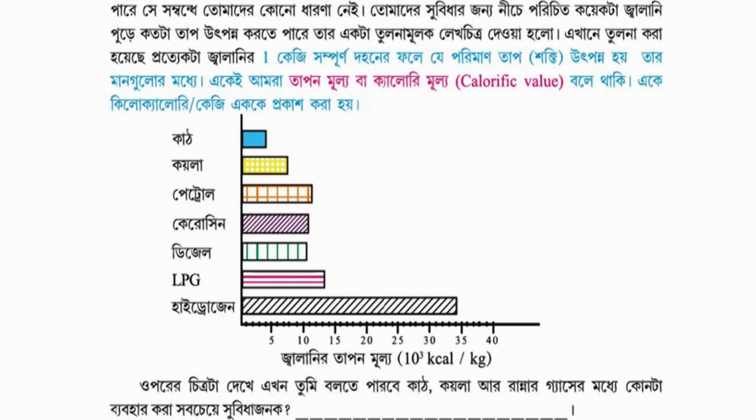It may be wood, it may be coal, it may be petrol. Carbon dioxide is produced in all these cases, but not in the case of hydrogen. In the case of hydrogen, when the hydrogen gas reacts with the oxygen present in air, what will it produce? It will produce water vapor. Only the water vapor in the environment will increase.